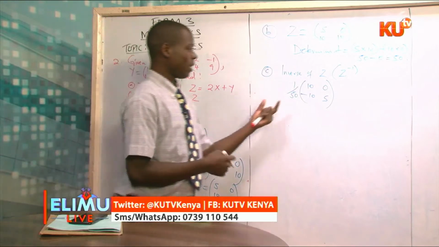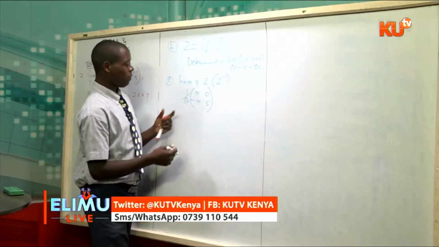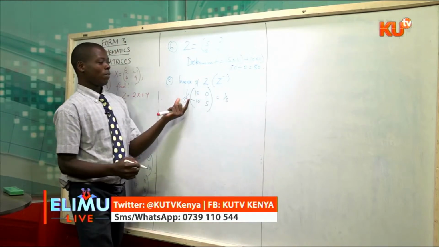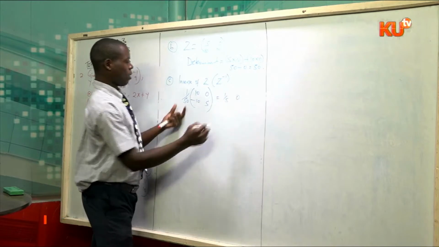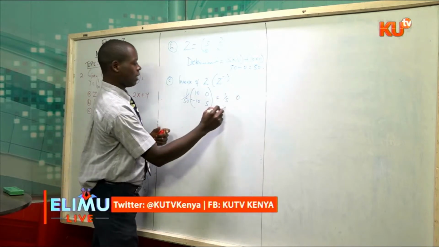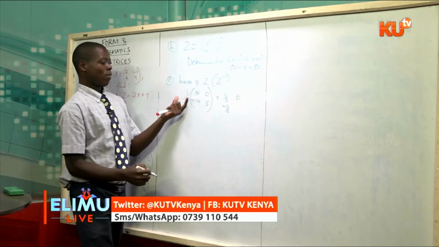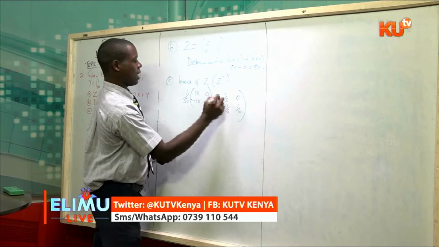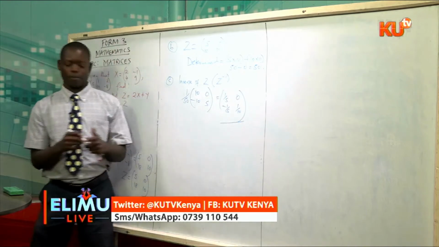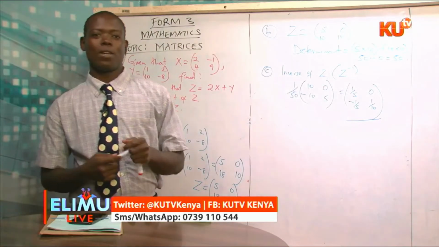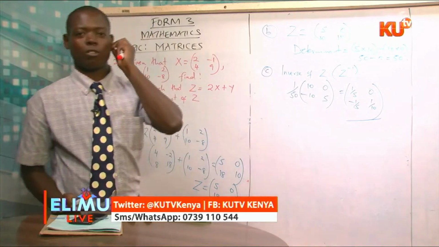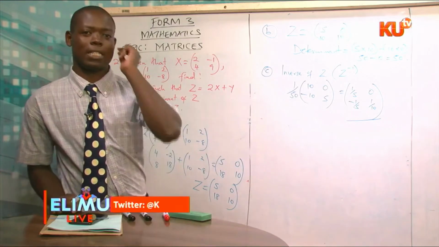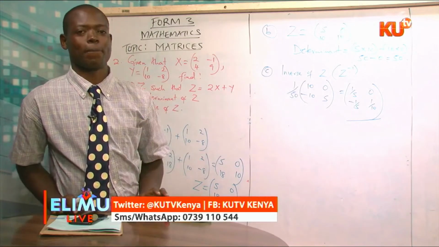We expand, therefore. 1 over 50 by 10 gives us 1 over 5. 1 over 50 by 0 is 0. 1 over 50 by negative 18, and 1 over 50 by 5 is 1 over 10. That is our inverse. So that is how we obtain the inverse of a 2 by 2 matrix, for this case, for the matrix Z that we've worked with.